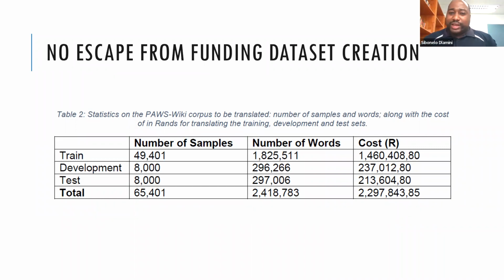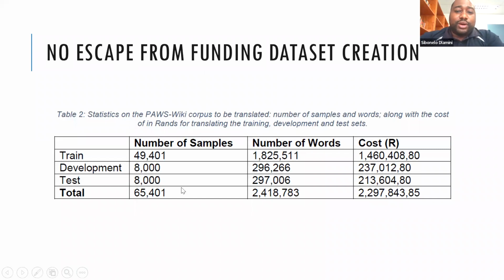And I didn't use that data because I'm not too sure about the copyright restrictions there. So I'm looking at the Wikipedia subsets of the PAWS corpus. And the PAWS corpus is used to basically evaluate a paraphrase identification model. So given two sentences, determine whether one is a paraphrase of the other.